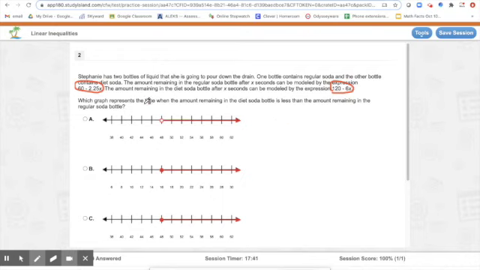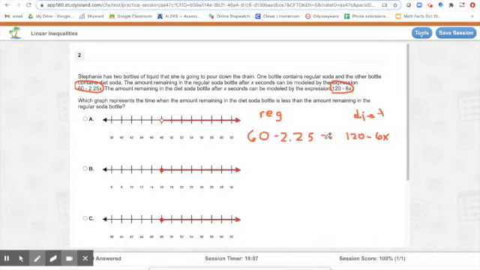So, that being said, I'm going to put my little labels here. The regular soda starts with less, but is getting poured down the drain a little bit slower. And then the diet soda starts with more, but is getting poured down the drain at a faster rate.